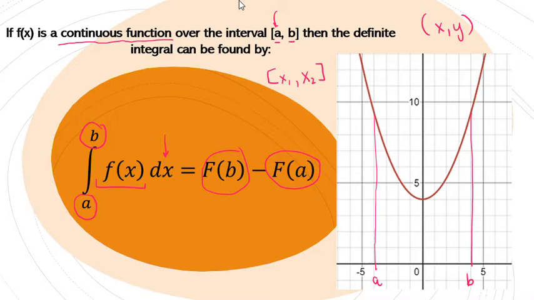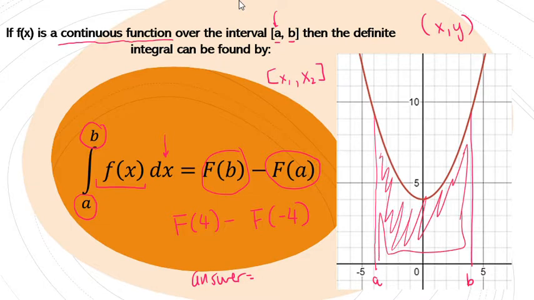So we find the antiderivative by integrating, and for this one we'd end up doing capital F of 4, because that's b, minus the antiderivative at -4. And whatever value that gives us will be the exact area under the curve between the graph of the function and the x-axis.